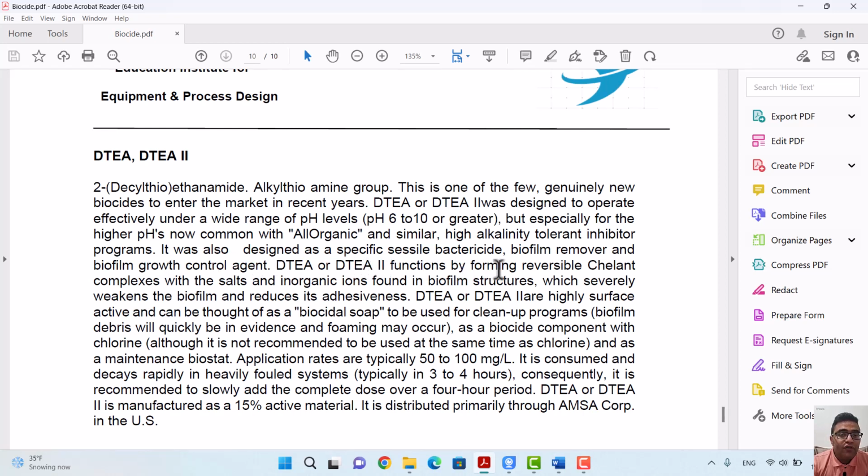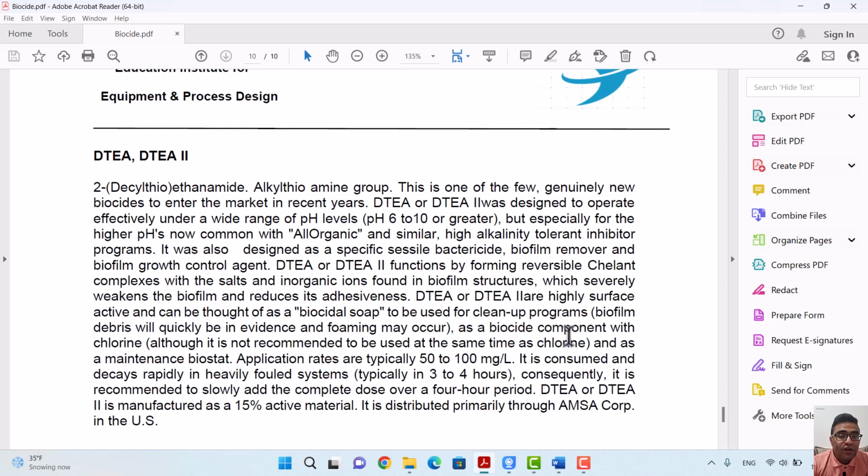DTA functions by forming reversible chelant complexes with the salts and inorganic ions found in biofilm structures, which severely weakens the biofilm and reduces its adhesiveness. DTA is highly surface active and can be thought of as a biocidal soap to be used for cleanup programs.